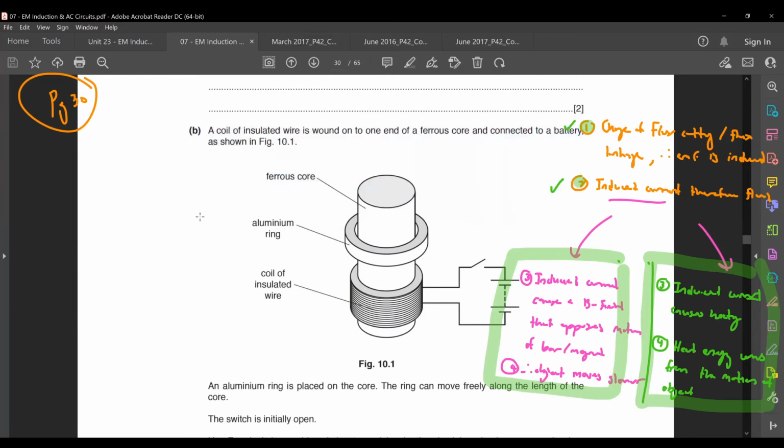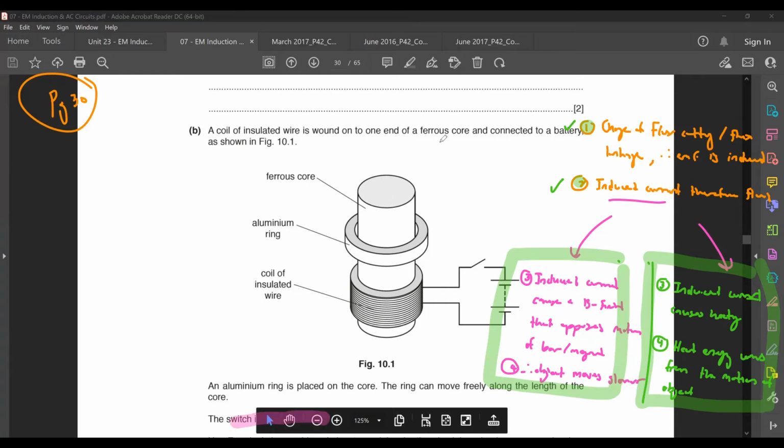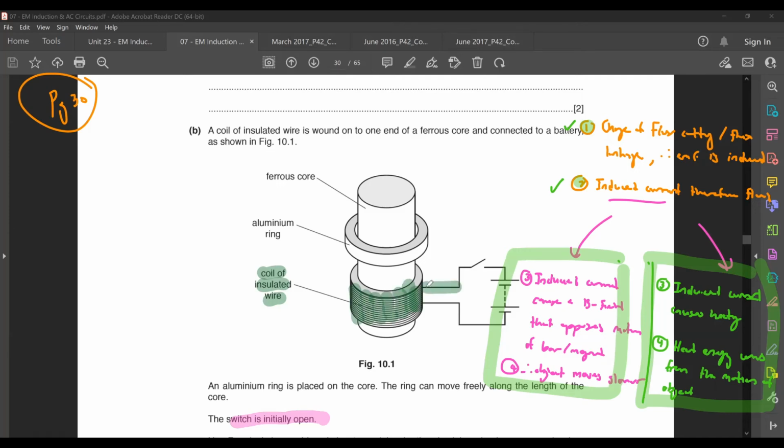They tell you that in the first place, your switch is initially open. You see here, there are actually 3 items of interest. You have a coil of insulated wire, which is this one here, connected to a power supply. And then you have an aluminum ring, which is this one here.